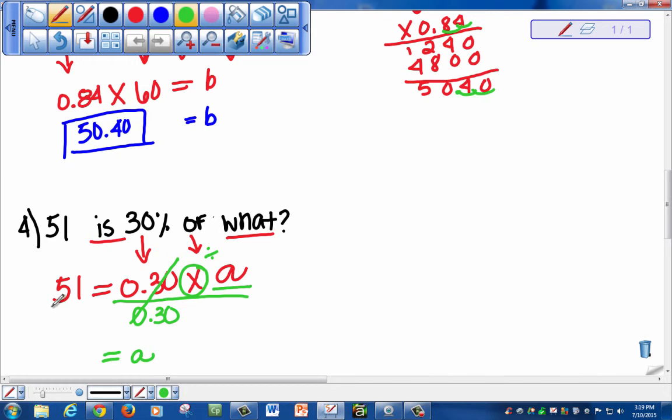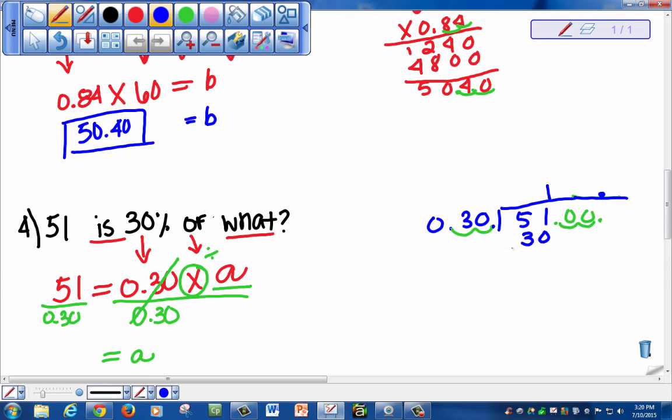So it's A equals 51 divided by 0.30. I'm going to do it quickly right here on the side. 0.30 goes into 51 how many times? Well, before doing that, we need to change this number into a whole number. So we move it twice, and we do the same thing to the 51. So our new decimal placement is on top, right here. Now, we have a 30. 30 goes into 51 once.